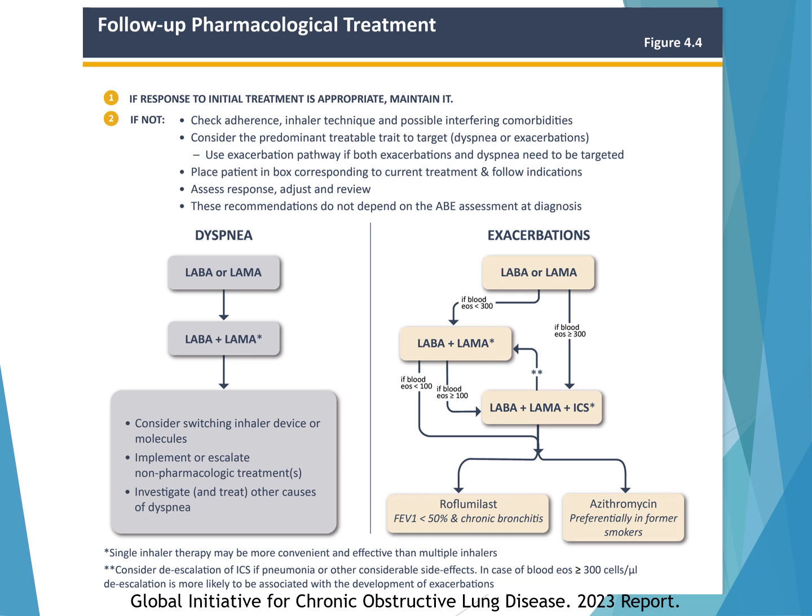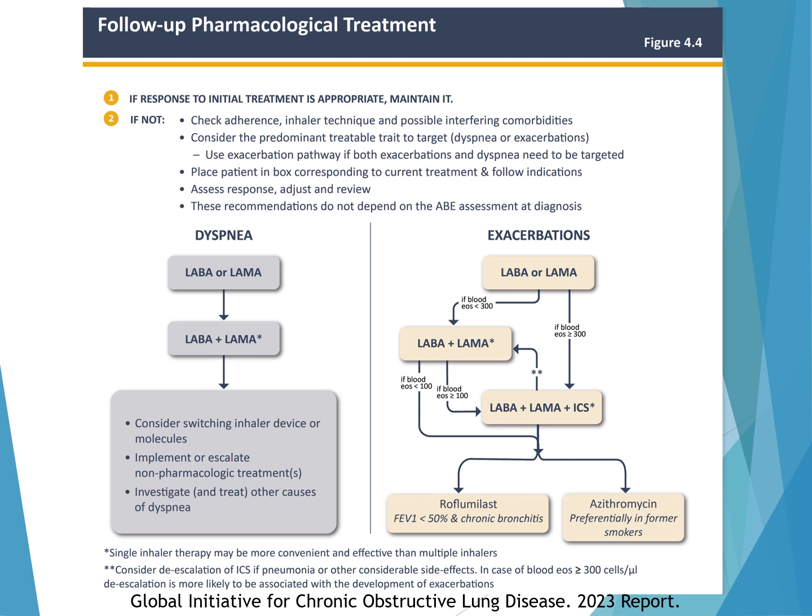The reason why there are specific recommendations will go into more detail when we talk about ICS therapy in the following slides, but essentially ICS therapy has risks as well, so it's not blanket recommended for all patients as an option for escalation. It's also important to consider, as the flow sheet mentions here, making sure that the patient is using their inhaler device correctly.